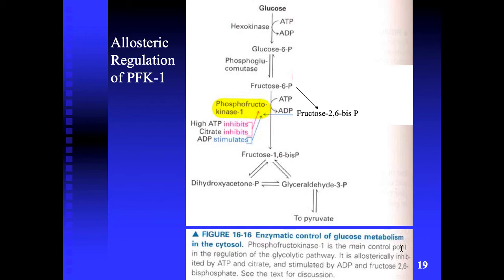So you can imagine this. Here's PFK1. Let's say this is our active site. Let's say this is fructose 6-phosphate, ready to convert to fructose 1,6-bisphosphate. Here's our allosteric site.